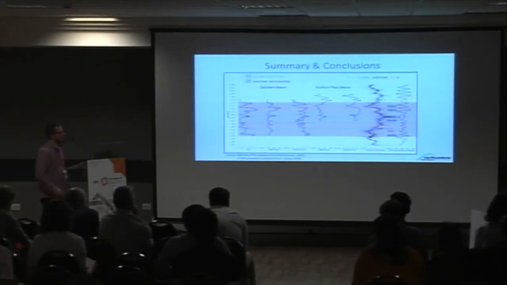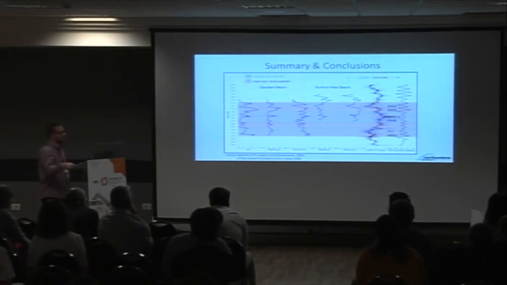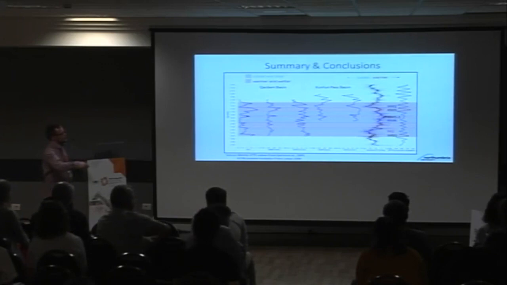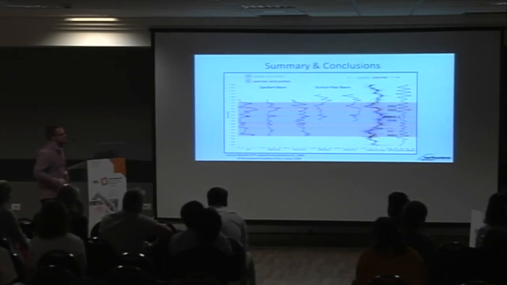To summarize and conclude, in this figure you can see the mean annual precipitation and the temperatures for the coldest month for both the Sidon Basin and the Kunlun Pass, and additionally the Artemisia-Chenopodiaceae ratio that I was just talking about, on which we constructed the spectral analysis. And these records are compared to the benthic oxygen isotope stack from Lisiecki and Raymo and the Northern Hemisphere insolation at 65 degrees north.